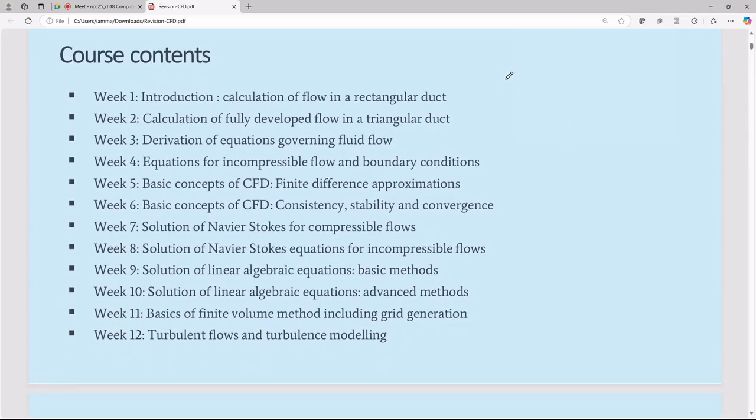In the last 11 weeks, we have covered pretty much, so this session will be a revision for all these sessions for you to easily revise for your exams.